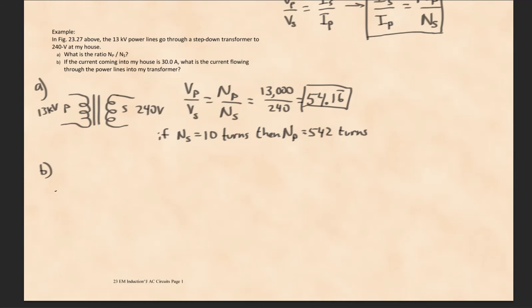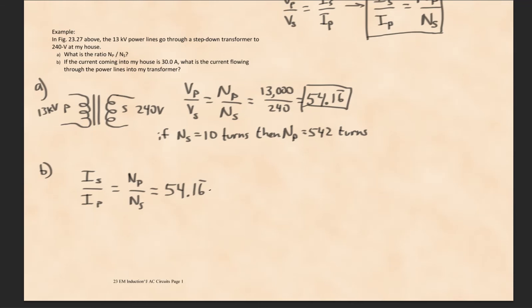Part B, if the current coming into my house is 30 amps, what is the current flowing through the power lines into my transformer? So the relationship between the current and the number of turns is opposite to the way the voltage works. So the ratio of the secondary current to the primary current is equal to the number of turns on the primary side to the secondary side.